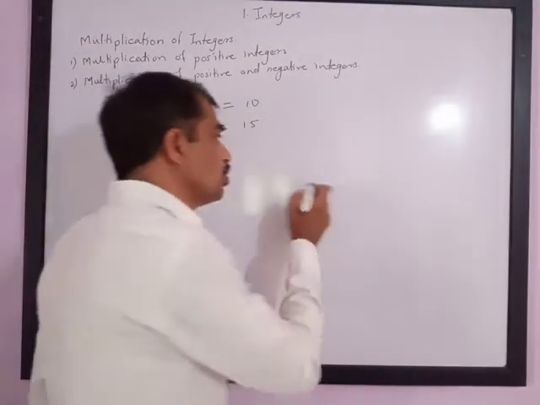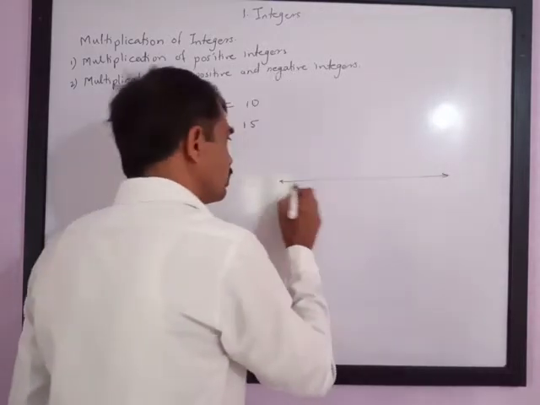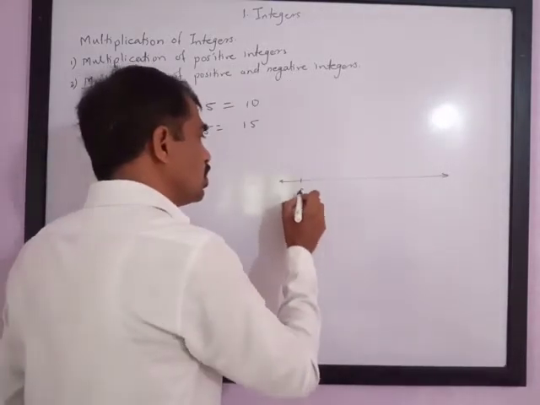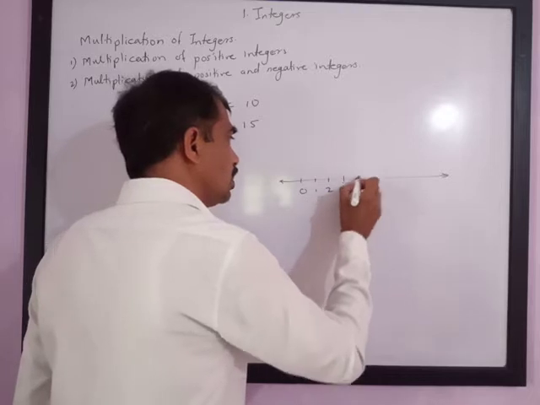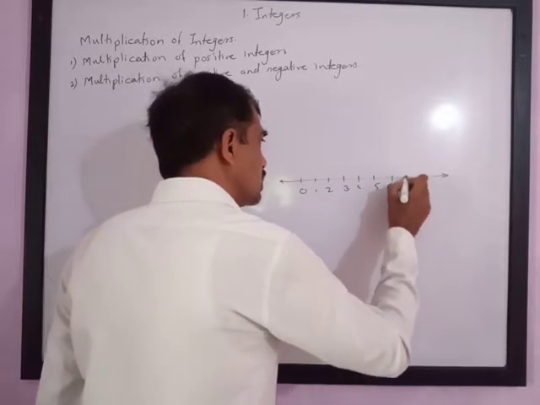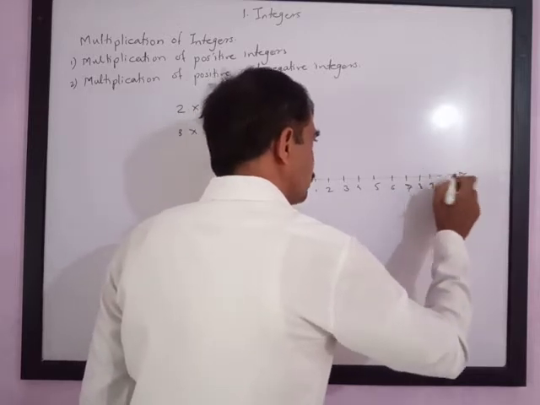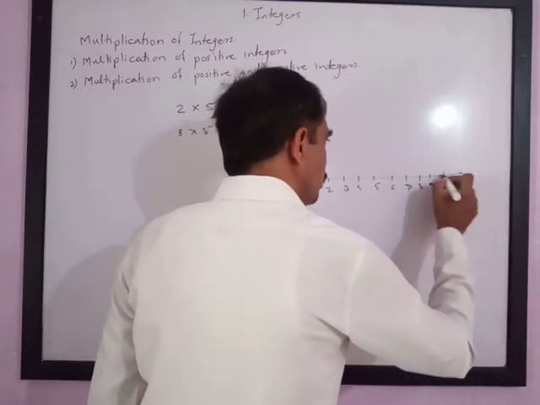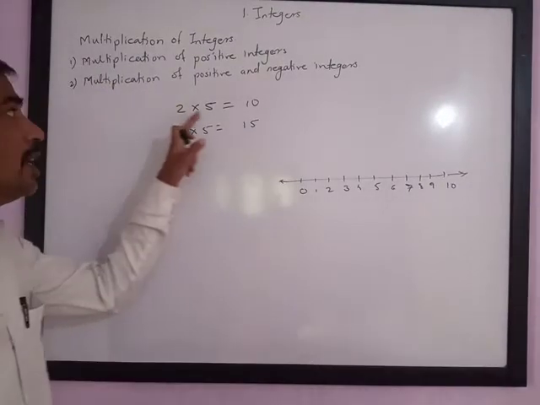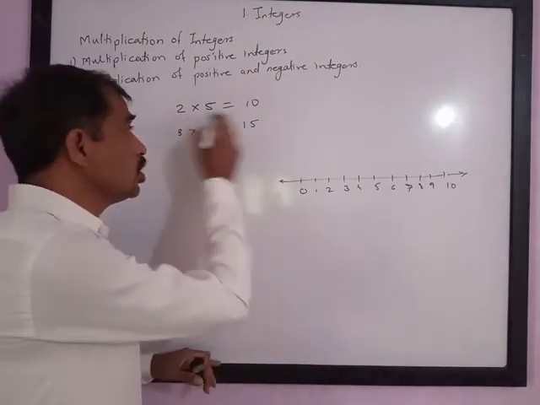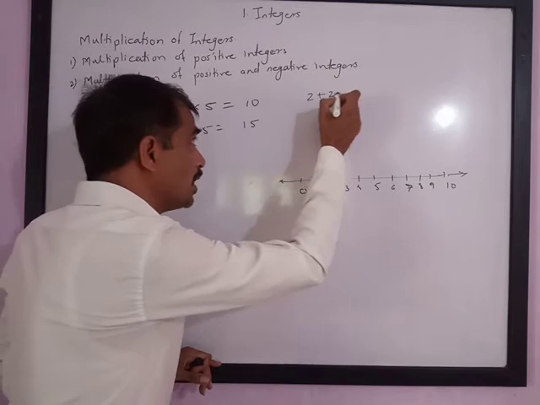Now this can be understood with the help of a number line also. So if it is 0, 1, 2, 3, 4, 5, 6, 7, 8, 9 and 10. Now understand, 2 multiplied by 5 means 2 is added 5 times.